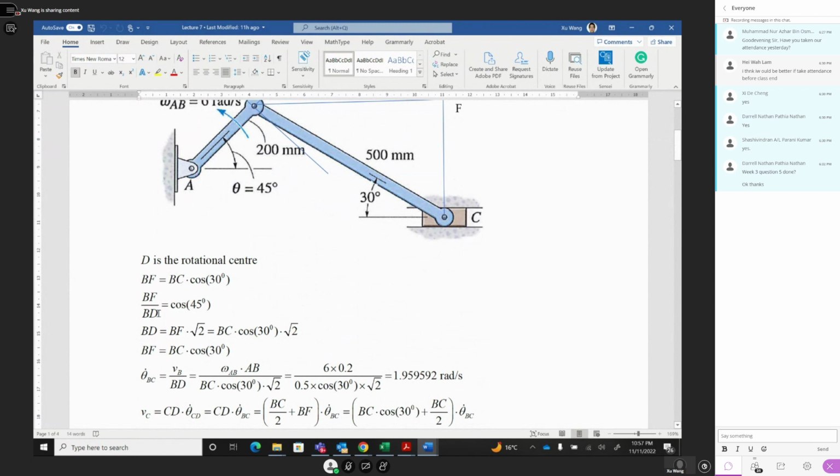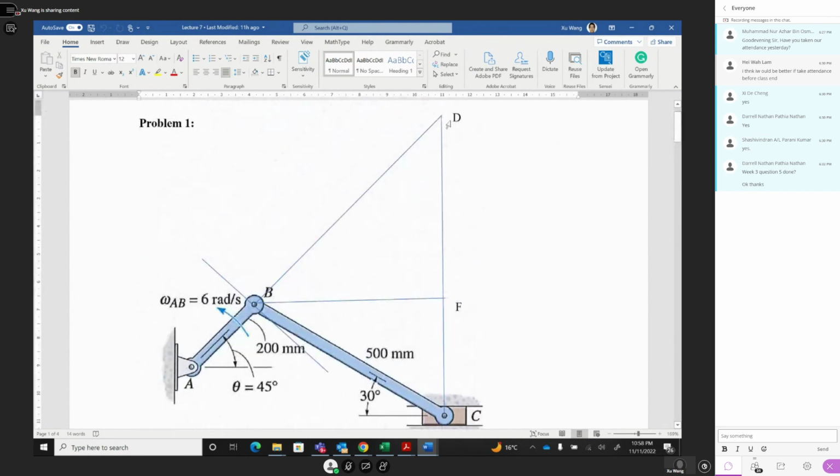So swapping over, BD equals BF times square root 2, right? And then BF is this one, put it inside. Then you get BD is this amount. And then move this across. In order to find the omega BC, we have to use the fact that BC rotates about this point D.